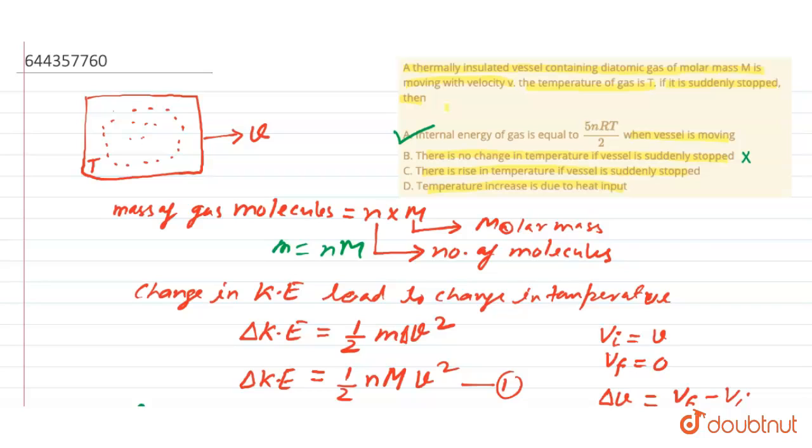Yes, partially it is correct. There is a rise in temperature, but if there is no heat input, then the temperature will not rise. So option D, temperature increase due to the heat input, is correct. So in this question, options A and D are correct.